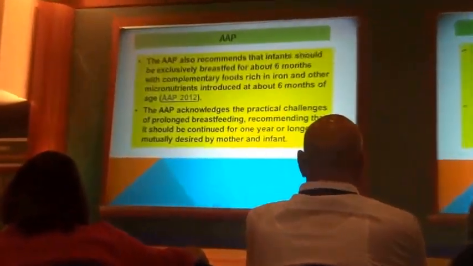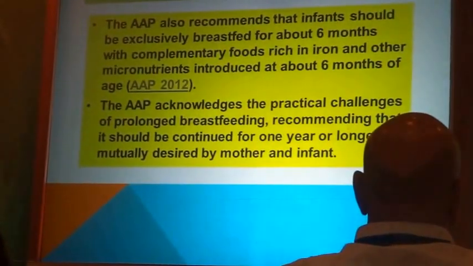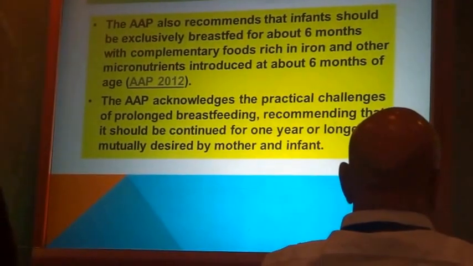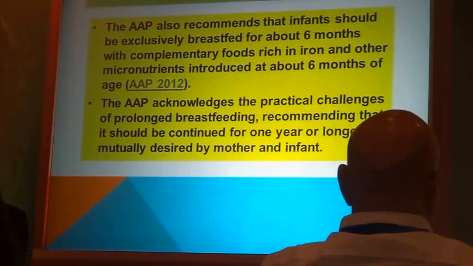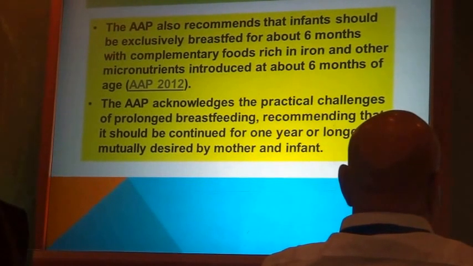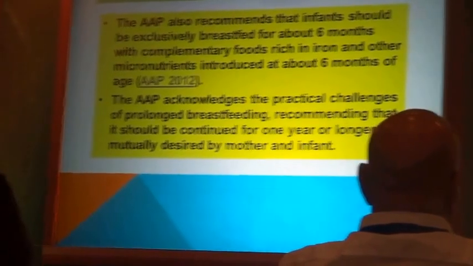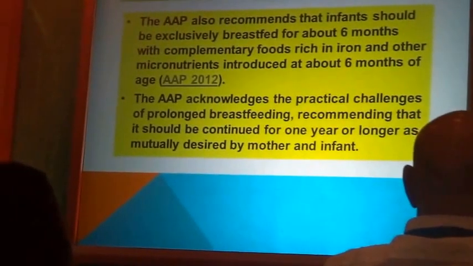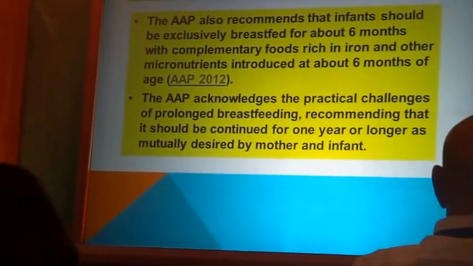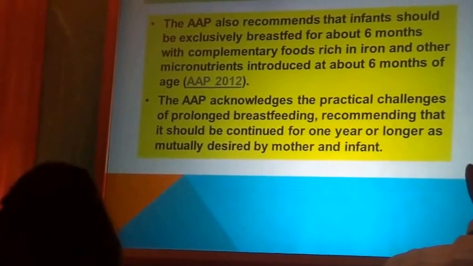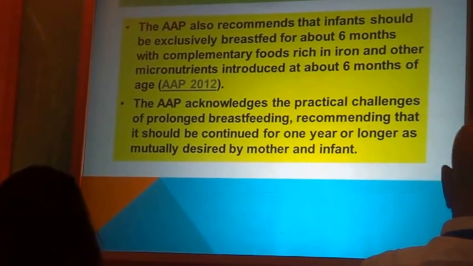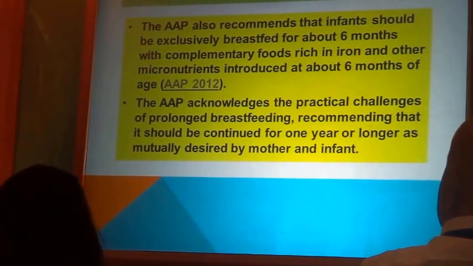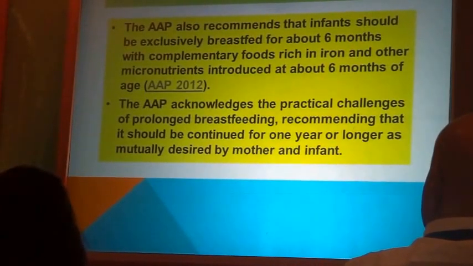So, the American Academy of Pediatrics stresses that breast milk should be continued to around the age of 6 months. The American Academy acknowledges the practical challenges of prolonged breastfeeding and the need to administer adequate complementary feeding by the age of around 6 months.